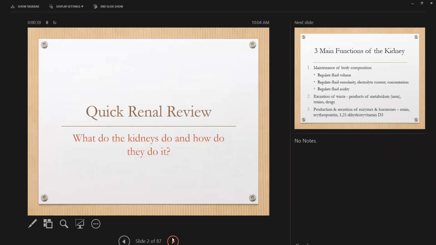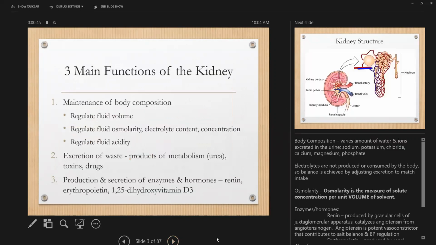So first of all, just a quick review. What do the kidneys do? So what is their real function? Well, as you guys can remember from your pathophysiology class, they've got three main functions. So they're going to help maintain our body composition, and most of that has to do with our fluids. So it's our volume, it's our electrolytes, and it's the acidity.